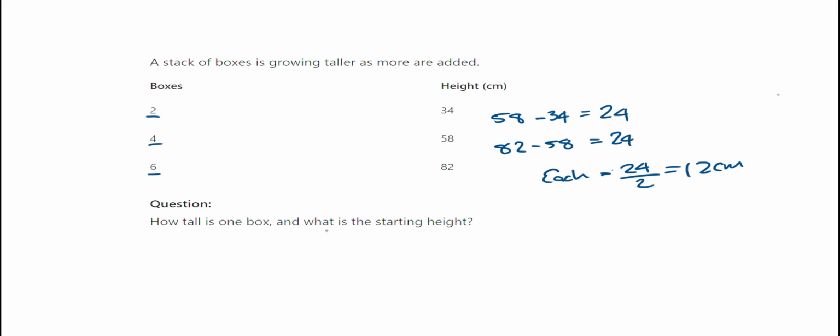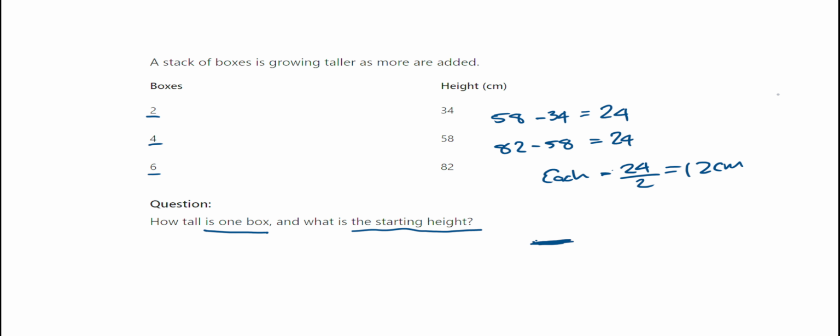Okay, how tall is one box, and what is the starting height? They obviously must be getting stacked on a piece of wood or something.